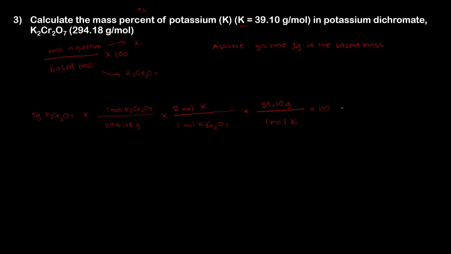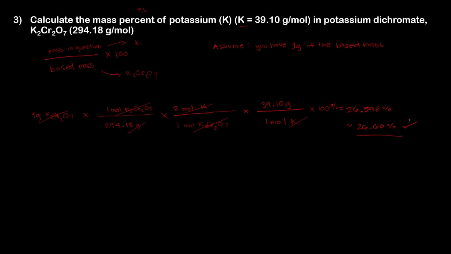Now we have to multiply it by 100, since we are dealing with percent. So let's just put 100%. We can cancel the units, and we have 26.598%, or just 26.60%.